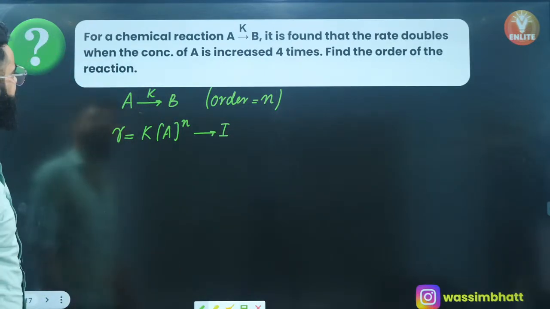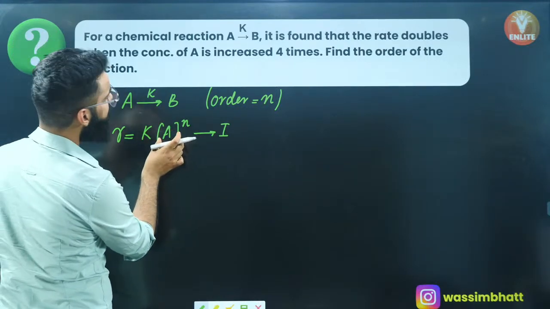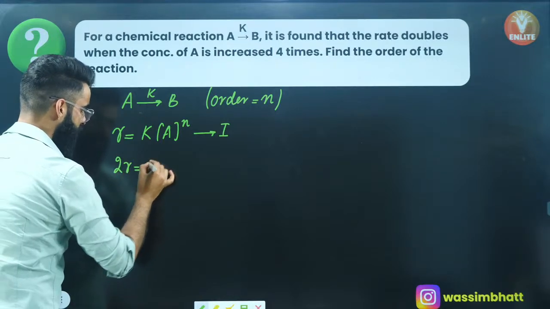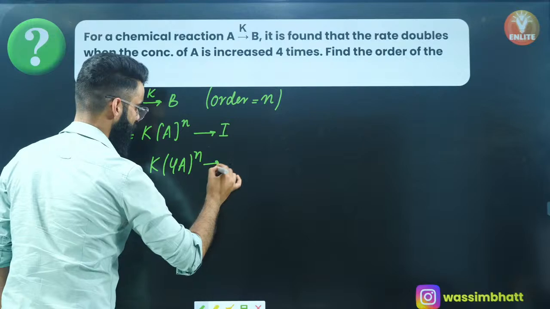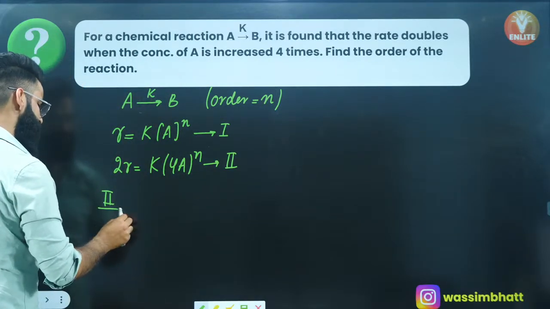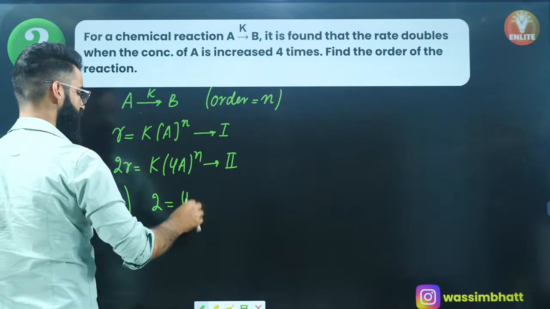Now, as per the question, my dear people, when the concentration of A is made 4 times, the rate doubles. So initially the rate was R, now it becomes 2R, right? When the concentration of A is made 4 times. Let me call this equation number 2. So if I divide both the equations, it becomes 2 is equal to 4 raised power n.